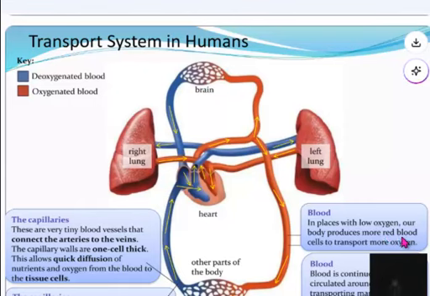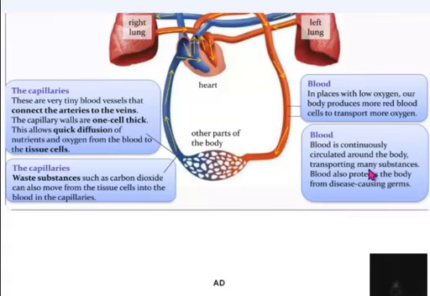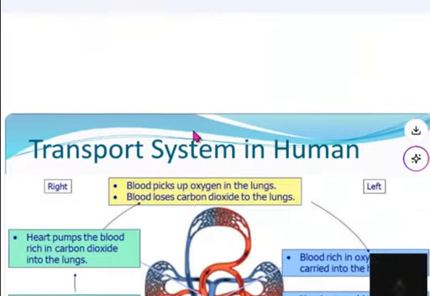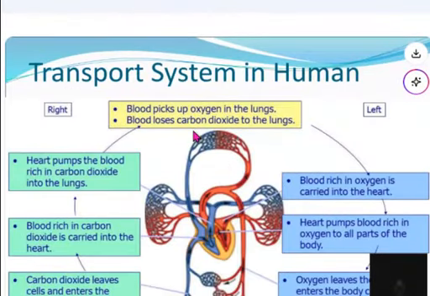Blood is continually circulated around the body, transporting many substances. Blood also protects the body from disease-causing germs. You can see that now. Any questions? Don't forget to ask.